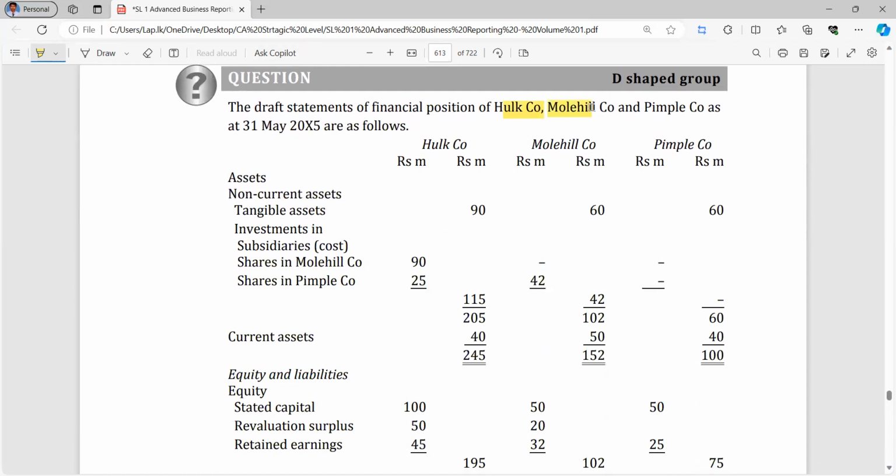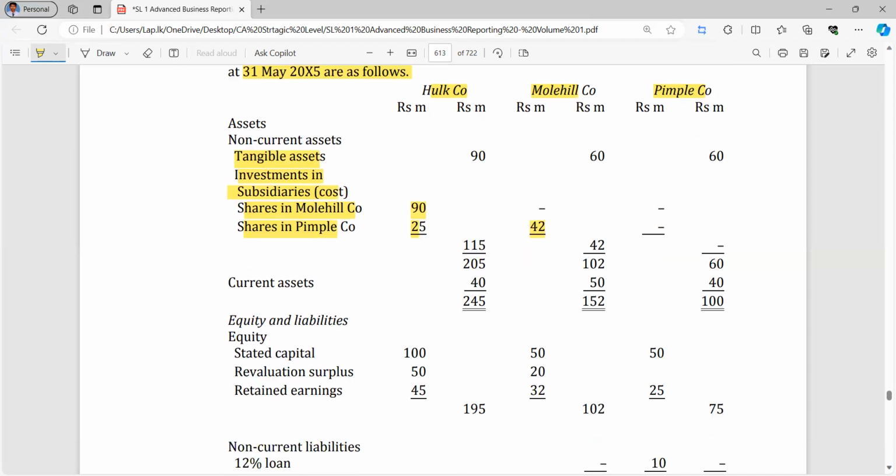The following example is given: Hulk, Mall Hill and Pimple Co. as at 31st May 2015 are as follows. For H, M, and P, we have non-current assets, tangible assets. The investment in subsidiary, so the shares in Mall Hill: in order for H to acquire M, we can recognize this 90% as 90 million as it is. Shares in Pimple: we can recognize this 25%, but we can't recognize this 42% at once because we need to take the investment.